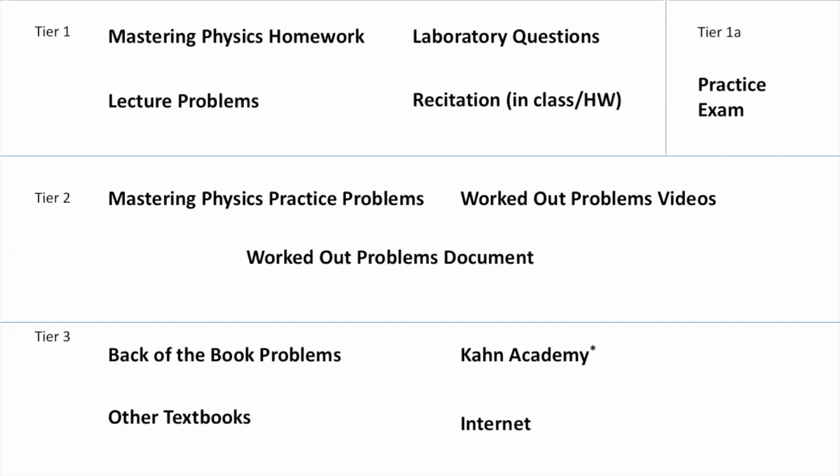Now, Khan Academy has worked out problems that are often very good. The reason I give it an asterisk is it's half into tier 2 because Khan Academy also has videos on concepts, which are very useful to watch and learn concepts from.